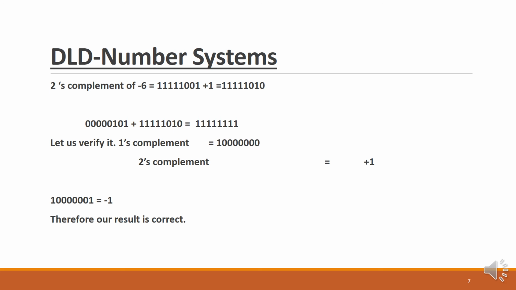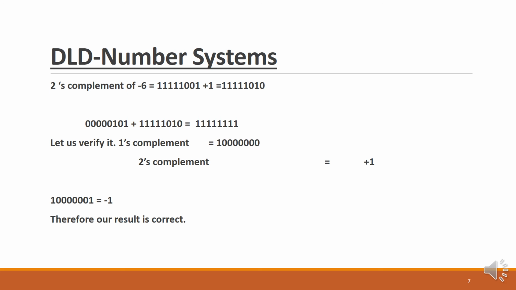Now let's verify the result. The 1's complement of 1 1 1 1 1 1 1 1: you convert all ones into zeros except the sign, so it is 1 0 0 0 0 0 0 0, 7 zeros. 2's complement is that you have to add 1, because we said that we take the 1's complement of the negative number, then add 1 and it becomes 2's complement.